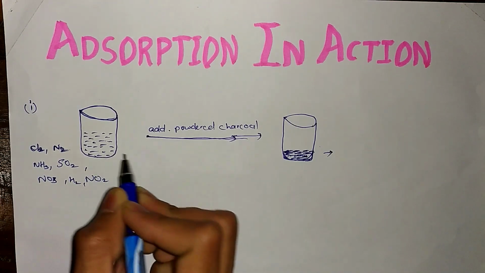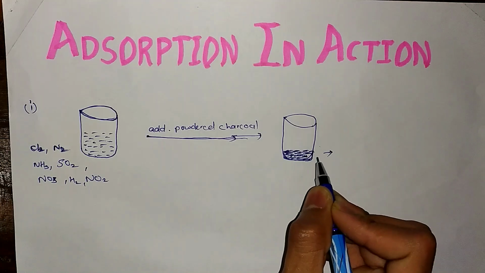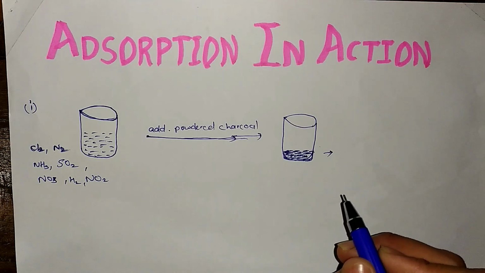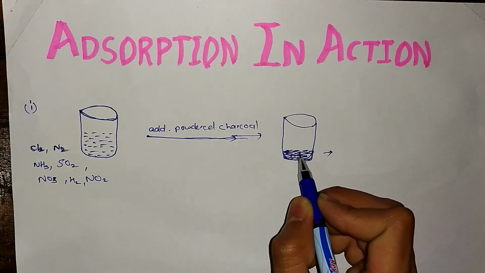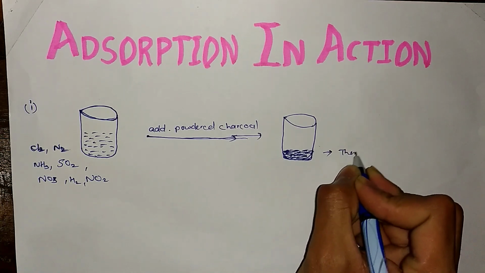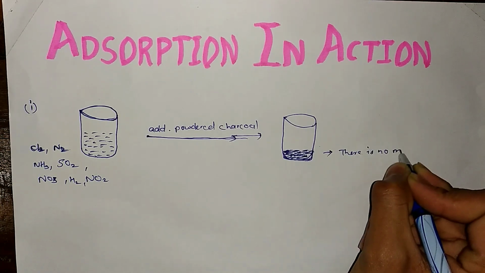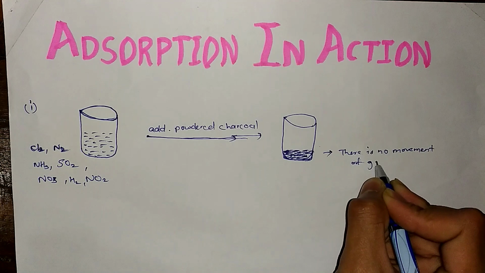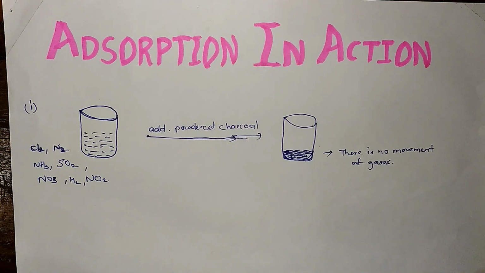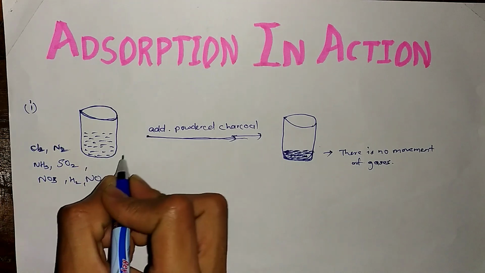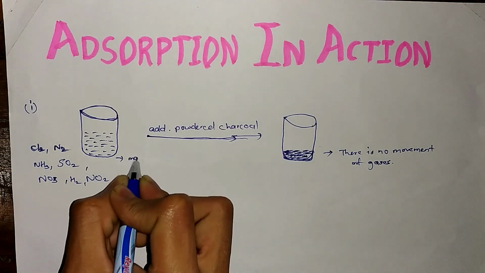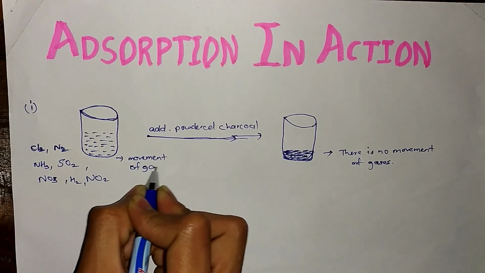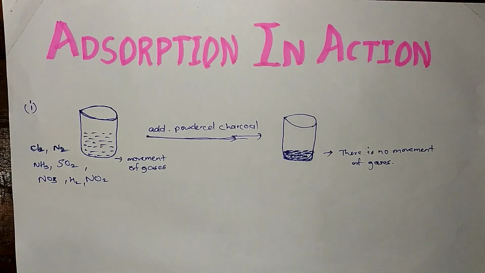But in the other beaker, the gases are adsorbed on the surface of the charcoal, and there is no movement of gases. In this beaker, we have movement of gases.